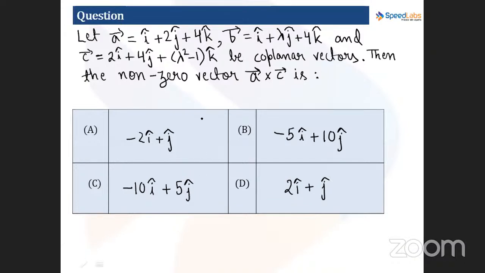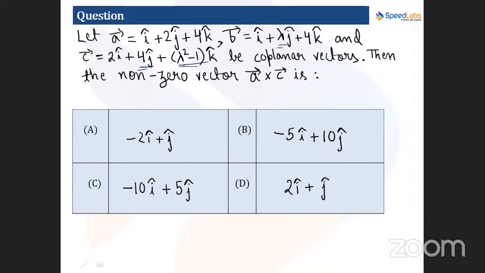Okay, so what is given in the question? A vector is given, i cap plus 2j cap plus 4k cap, nothing unknown. B vector is given, i cap plus lambda j cap plus 4k cap, so lambda is here. And C vector is 2i cap plus 4j cap plus lambda square minus 1 k cap, so lambda is here again.